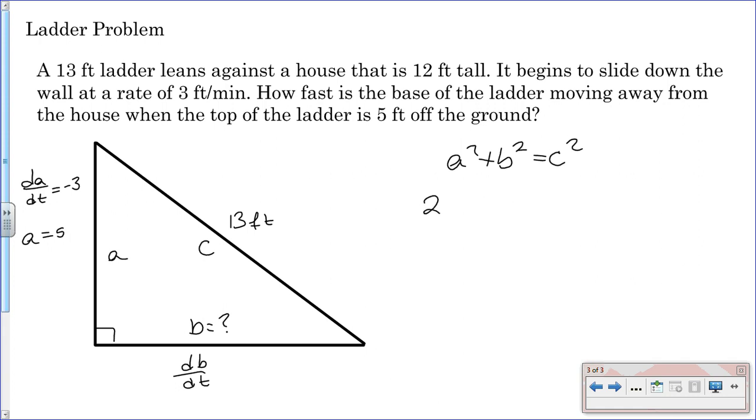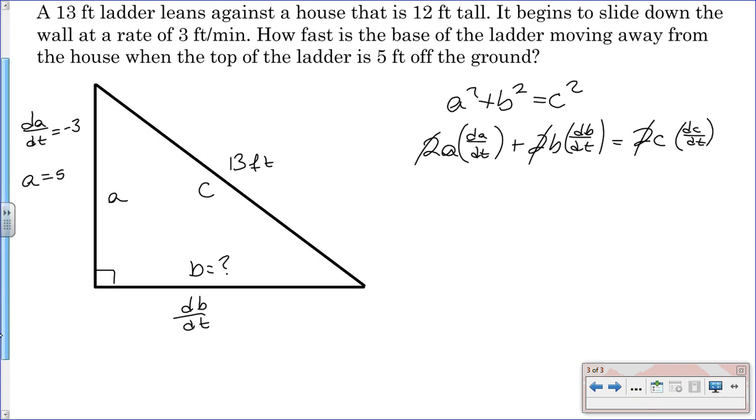That's 2a dA dt plus 2b dB dt equals 2c dc dt. Remember, you can cancel off the 2's. So it's a dA dt plus b dB dt equals c dc dt.